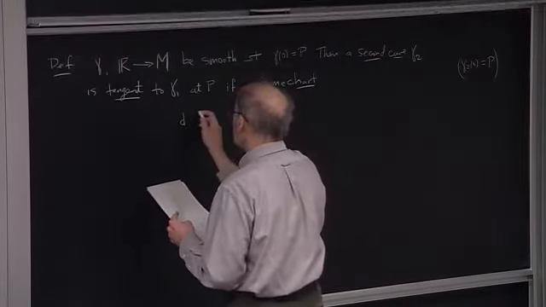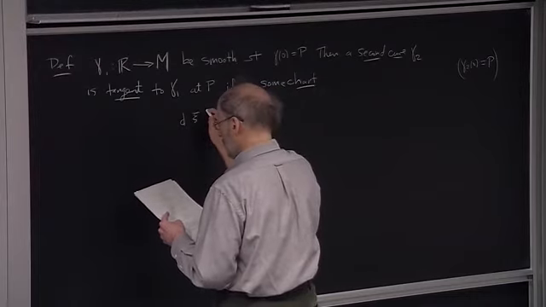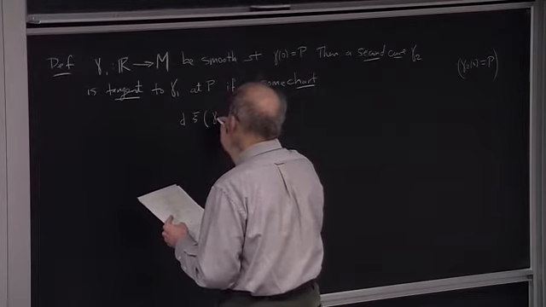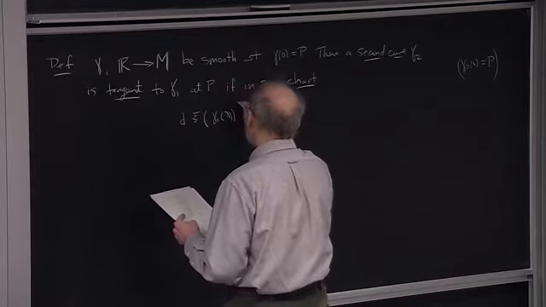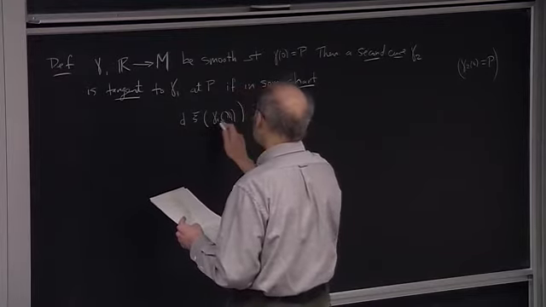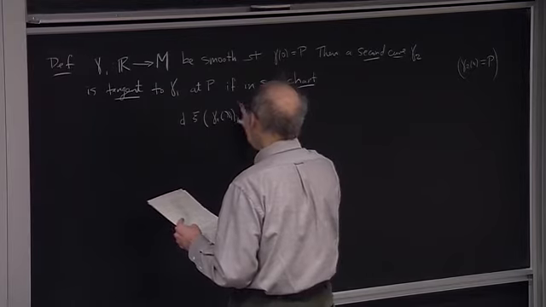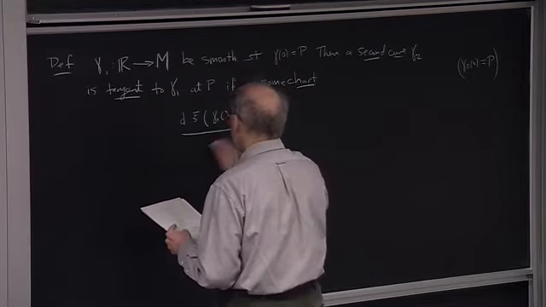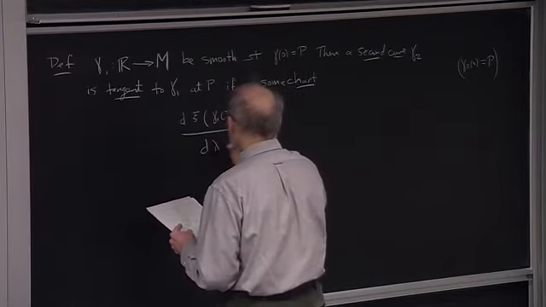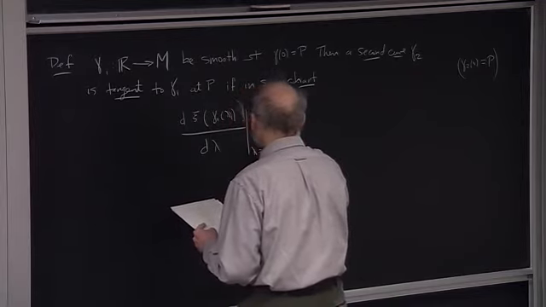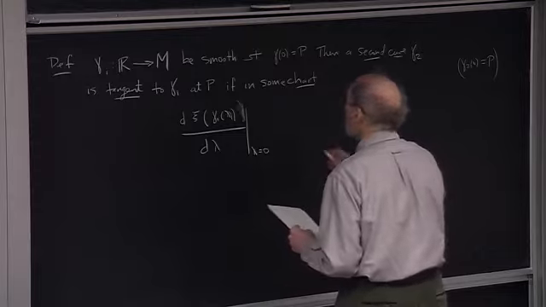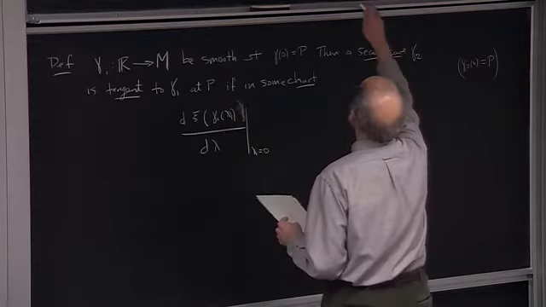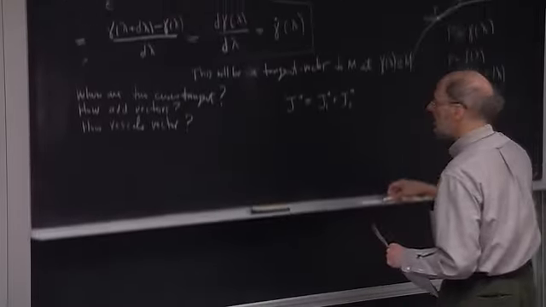So if and only if the derivative of c of gamma 1 of lambda with respect to lambda at lambda equals 0, which is where it goes through p, so it's like that picture there. This is lambda equals 0 here.